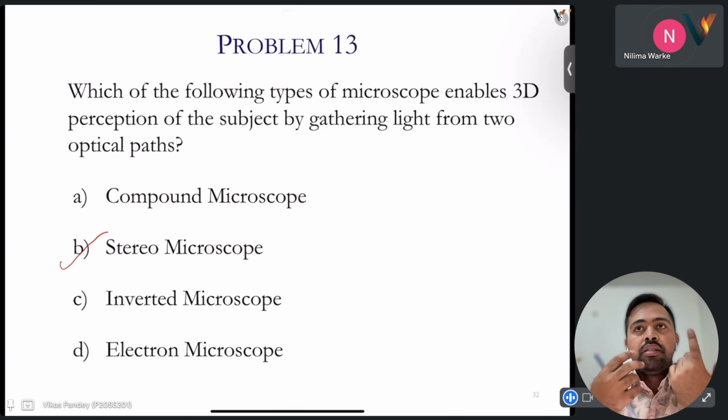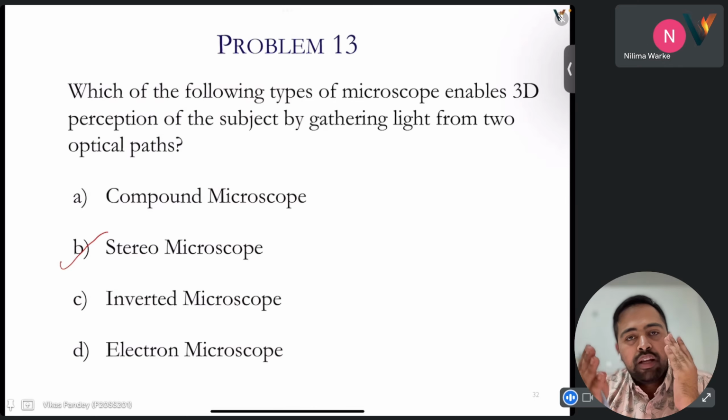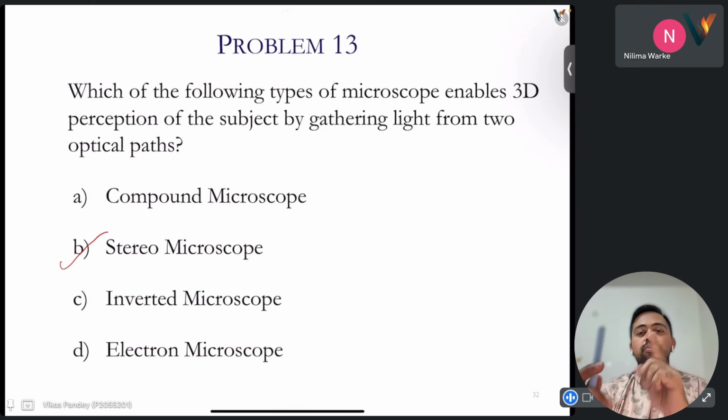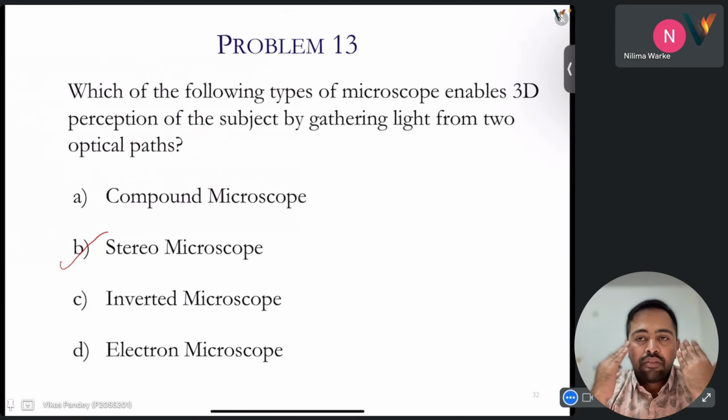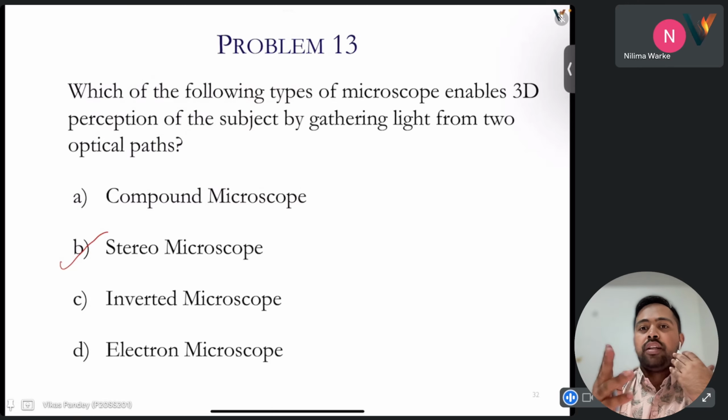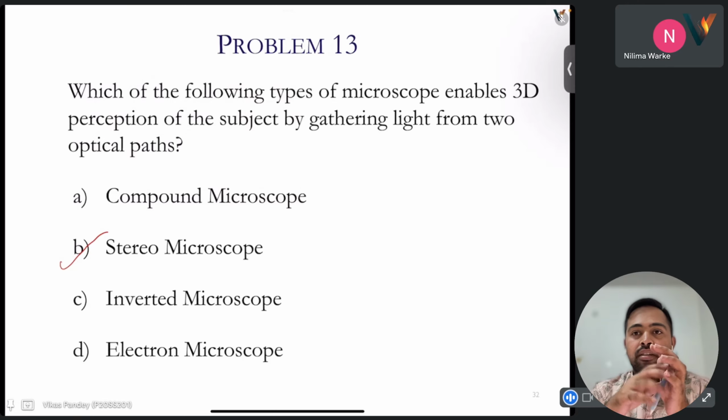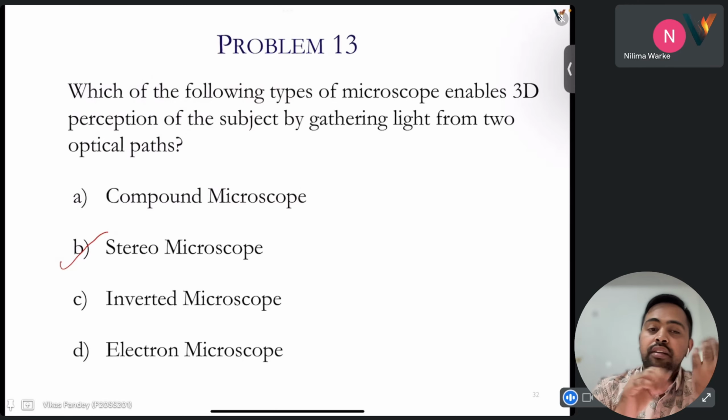Similarly for our eyes, if you put two things side by side and see with only one eye, you will not be able to distinguish which one is near and which is farther. It is by virtue of having two eyes that we see things in 3D, because there is a slight difference in the image of the left eye and right eye.